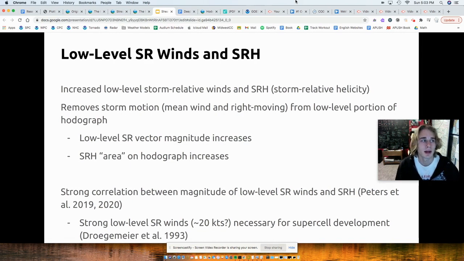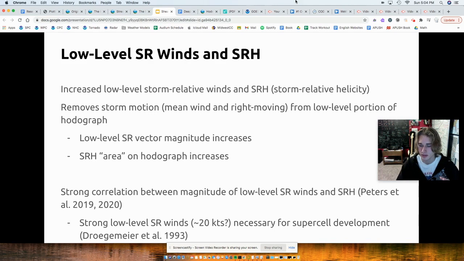Deep layer shear is, indirectly, affecting the low levels in so many ways. Whether it's actually affecting an active mesocyclone in a thunderstorm, or it's just making the environment more favorable for one to form, it's doing that through increased low-level storm relative winds and SRH.